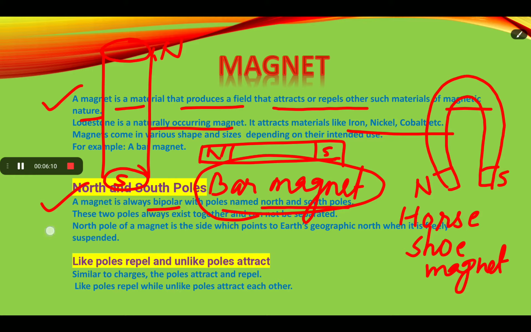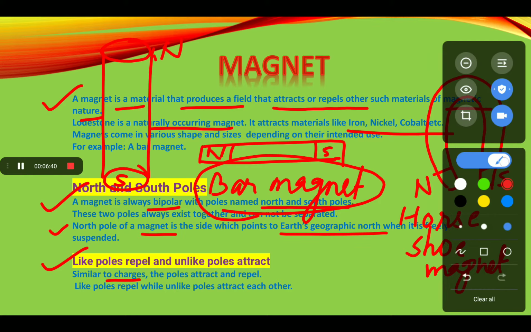The North Pole of a magnet is the side which points to the Earth's geographic north when it is freely suspended. We will study and explain it after a while. Now, we know that like poles repel each other and unlike poles attract each other. This is similar to the case of charges.